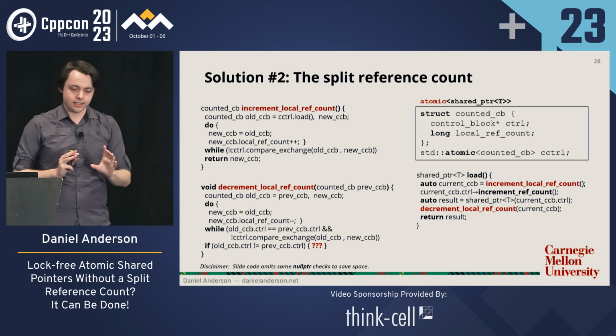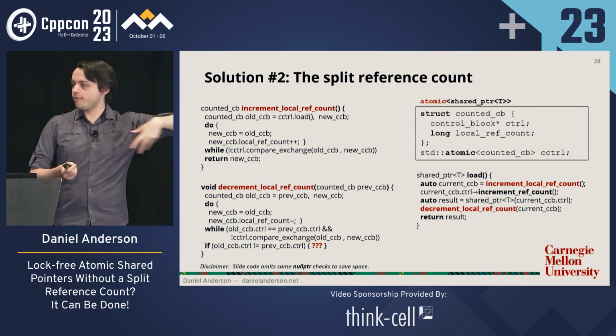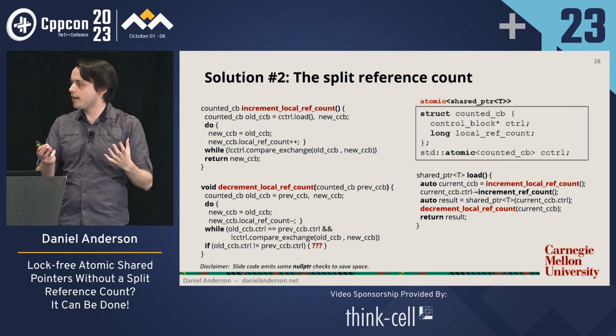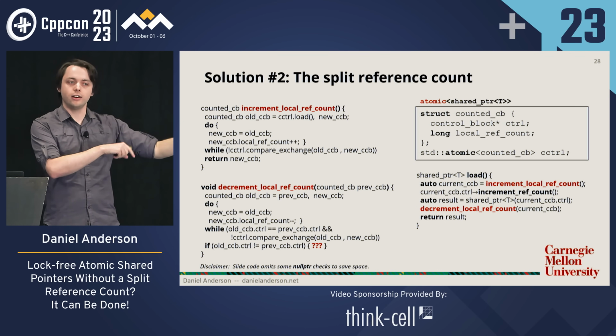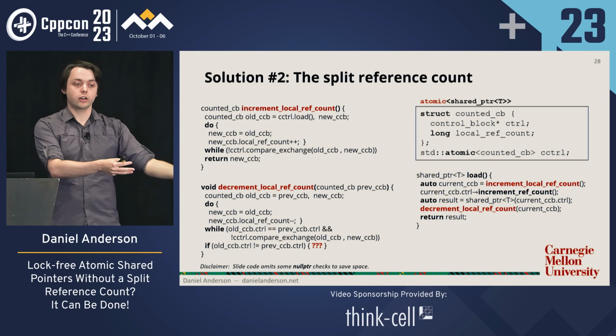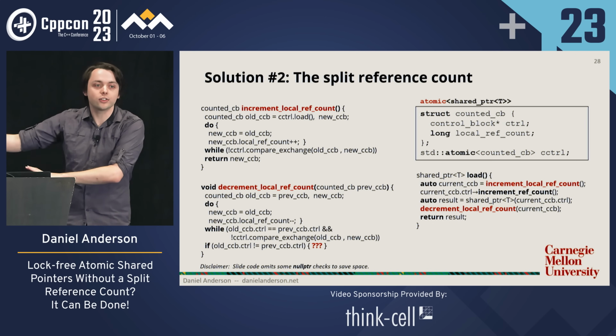But there's an extra case here that we have to be a little bit careful of. What if we notice when we fail the compare exchange that actually the control block pointer has changed? We failed the compare exchange not because someone else modified the ref count, that's okay, but because someone else modified the control block. That means this atomic shared pointer is now pointing at something completely different.